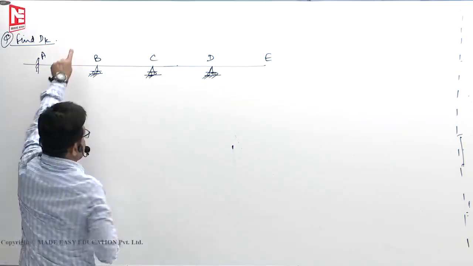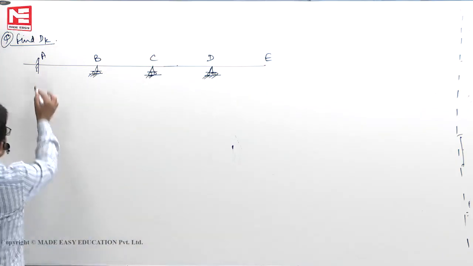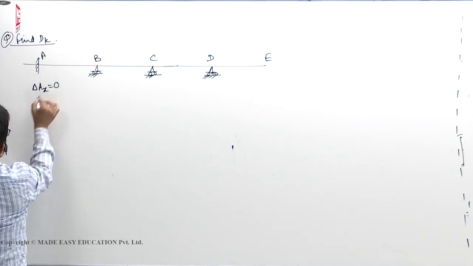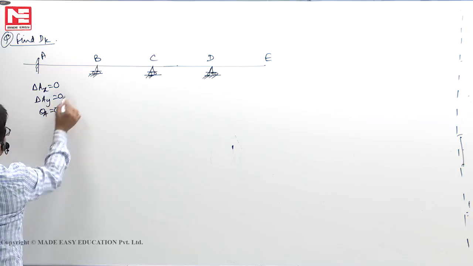Whether members are extensible or inextensible, we don't know. So you will proceed this way. First one, displacement of A in x direction 0, y direction 0, theta A is 0.